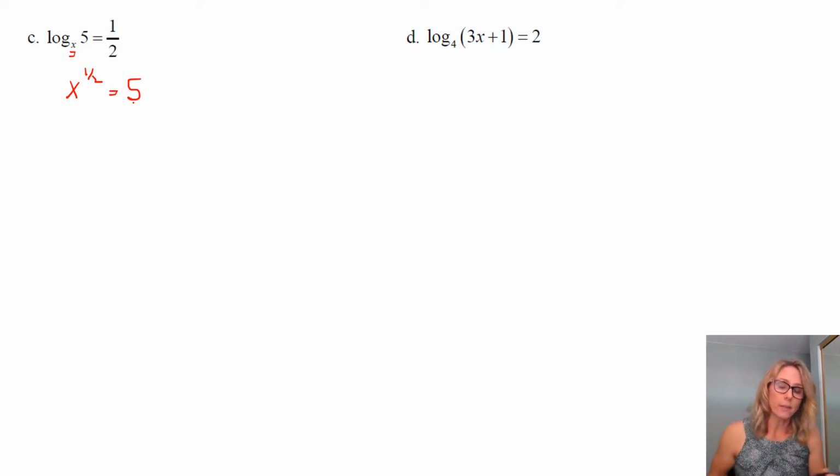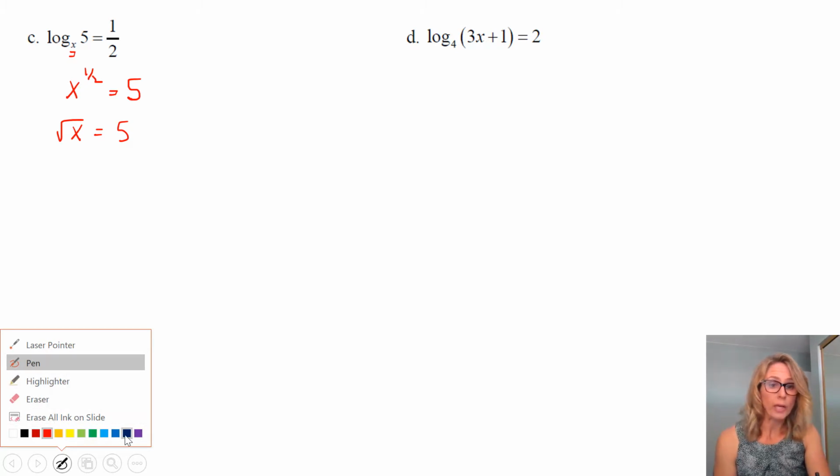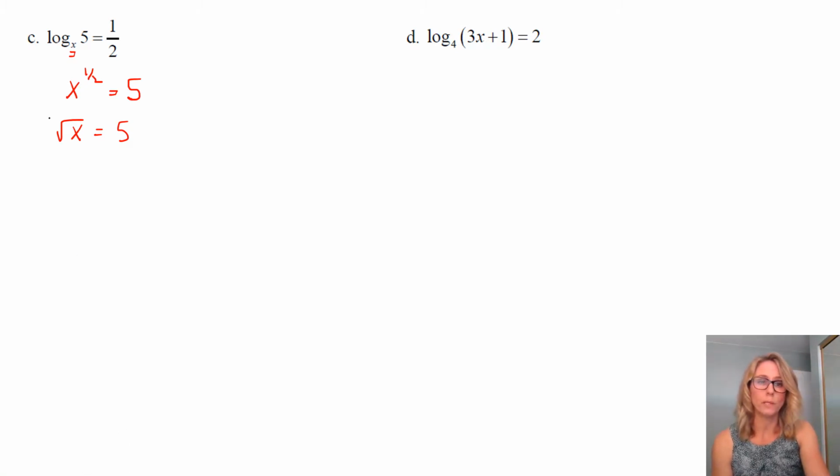But it's something that we've seen before, which is x to the 1/2 is the same as saying the square root. You don't need to write this, but just understand that that's the same. The way that we would free our x from that square root would be doing the opposite of square rooting, which is squaring.